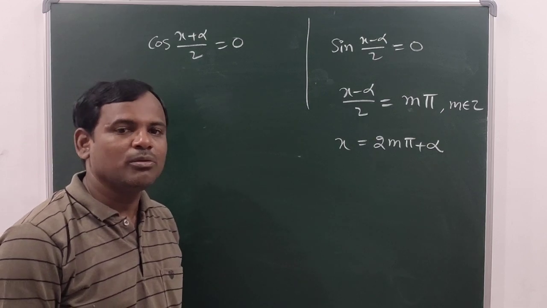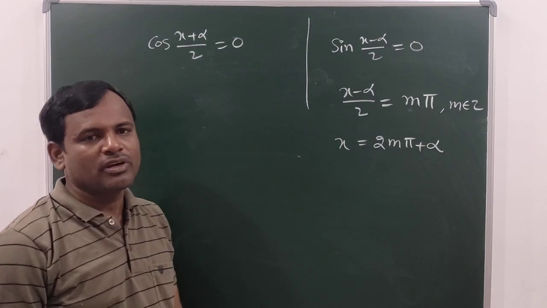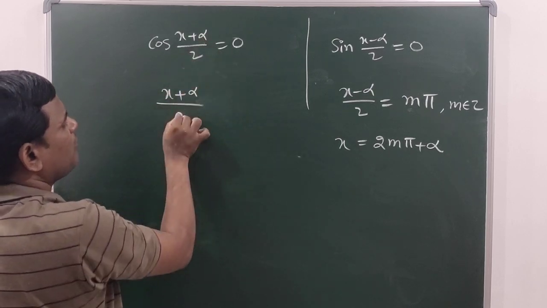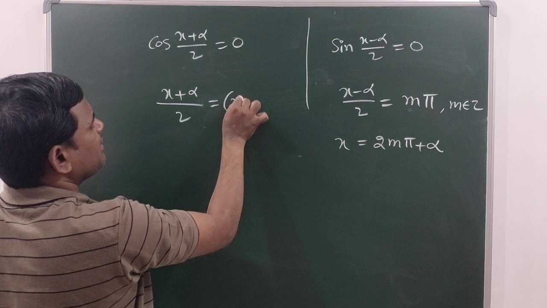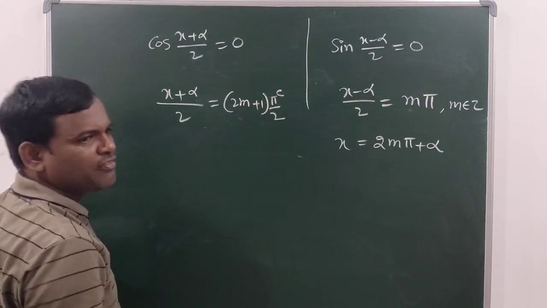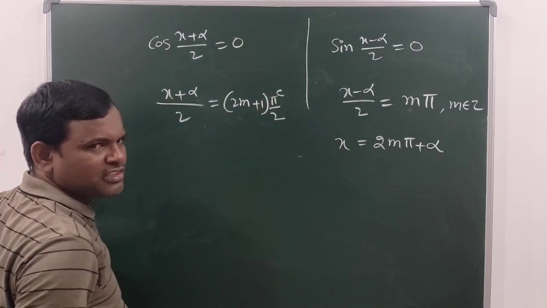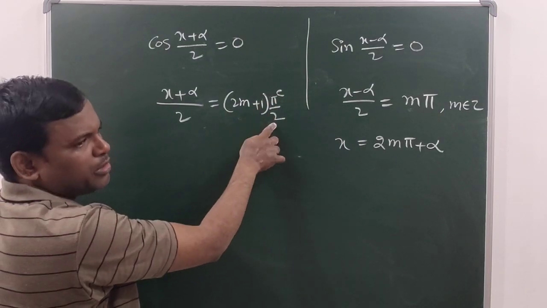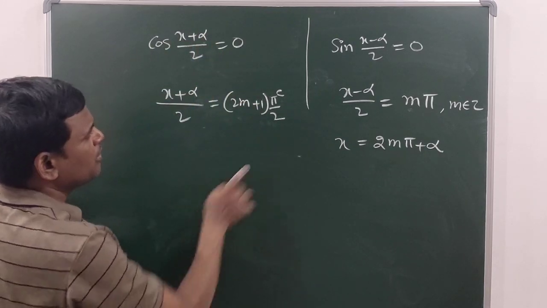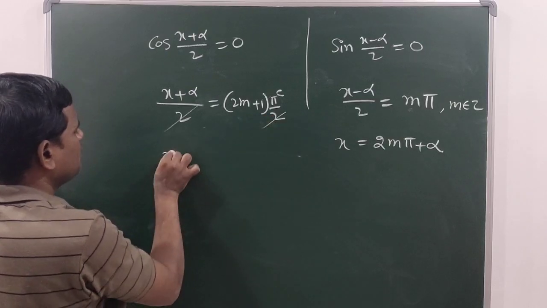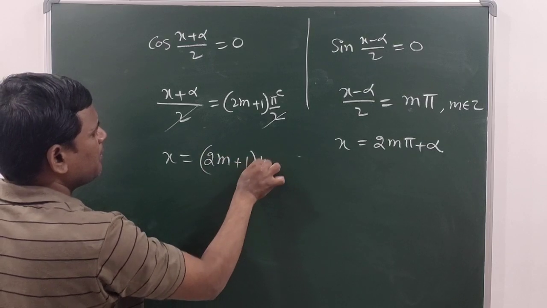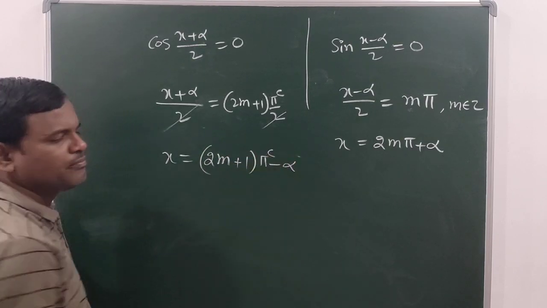When x is an odd multiple of 90. So now here (x plus alpha) by 2 is equal to (2m plus 1) into pi by 2. This is a standard form of an odd number multiplying with 90 degrees, hence we get odd multiples of 90. If you assign this equal to an odd multiple of 90, the result will be 0. Now simplify this. So x is equal to (2m plus 1) pi minus alpha.